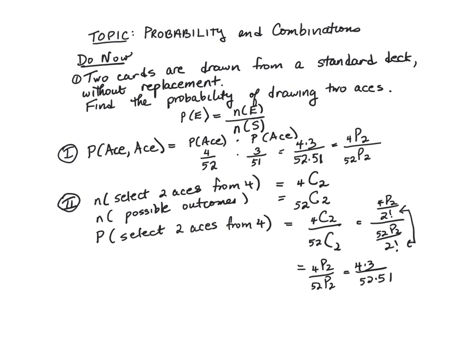Which way do you like better? Well, personally, I like this one the best. It makes the most sense to me. But again, it's nice to see how permutations and combinations overlap in this sense. But remember, with permutations, order matters. So let's write that down.